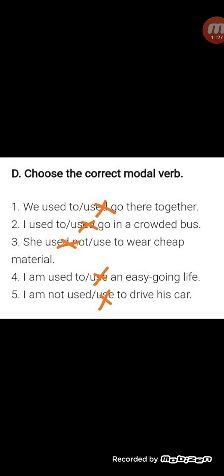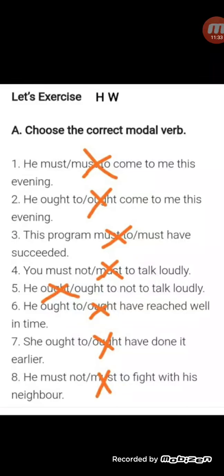I am used to an easy-going life. I am not used to driving his car. Again here, ought and must. He must come to me this evening. He ought to come to me this evening.